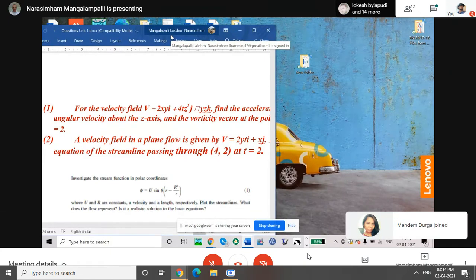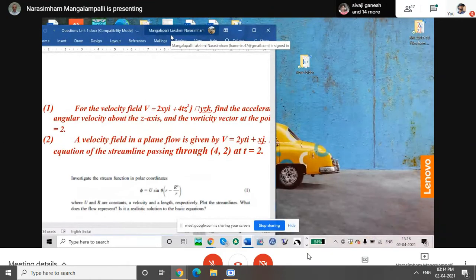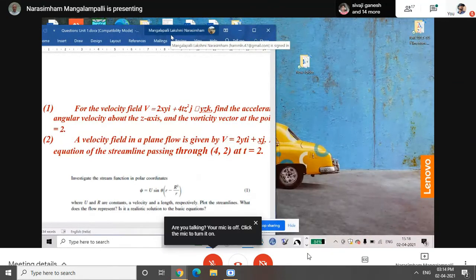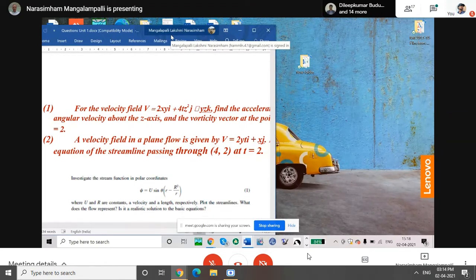So small v is equal to 4tz squared. Then the z component of velocity is yz k, so the w value is yz. Therefore, u is equal to 2xy, v is equal to 4tz squared, and w is equal to yz. So now we have three expressions for velocities u, v, and w.